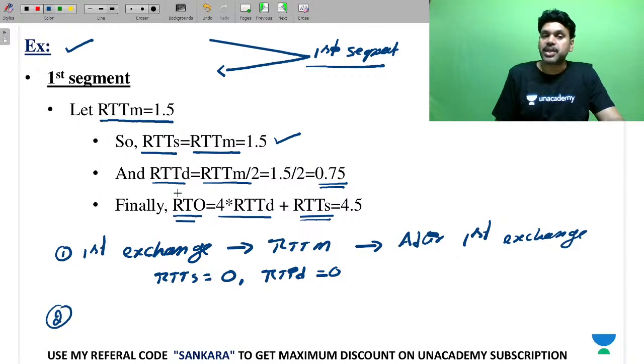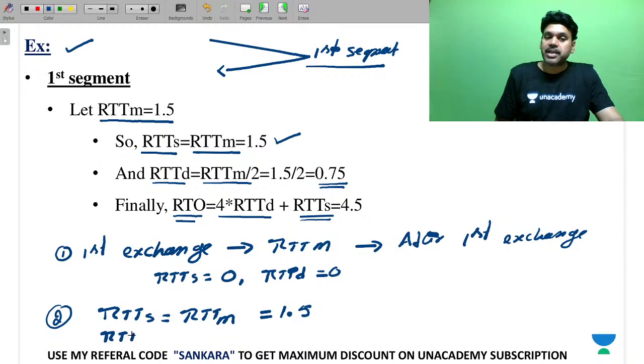How are they going to be changed? Your RTTS is equal to RTTM, that is nothing but 1.5. Then your RTTD is equal to RTTM by 2, that is nothing but 0.75.